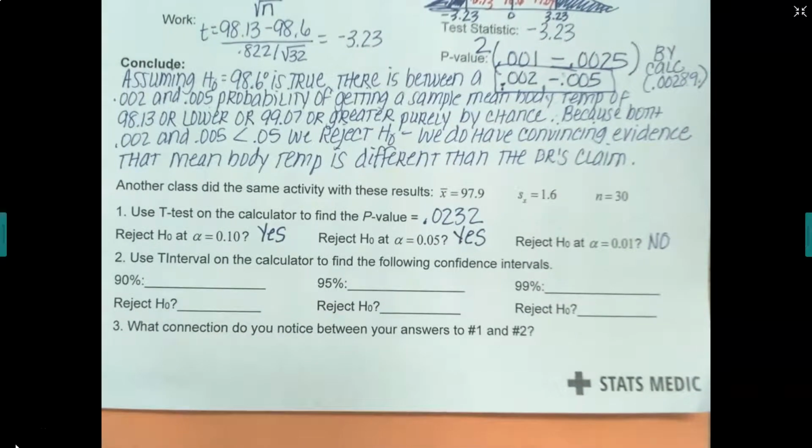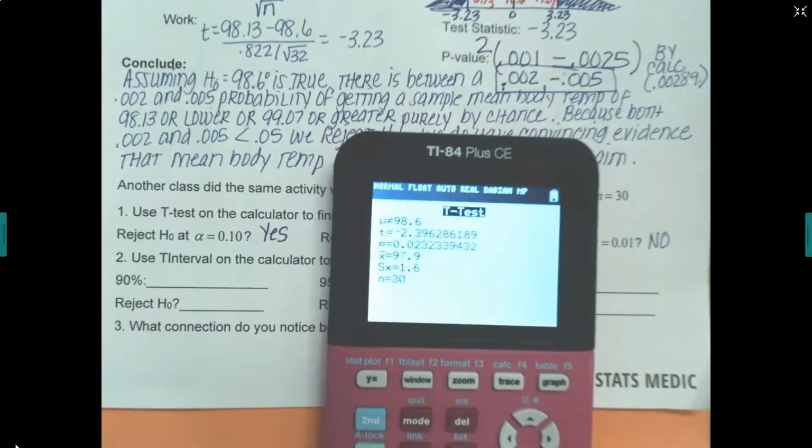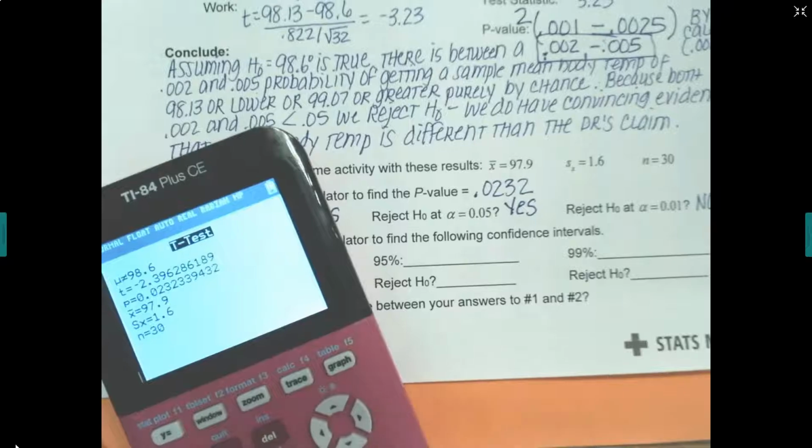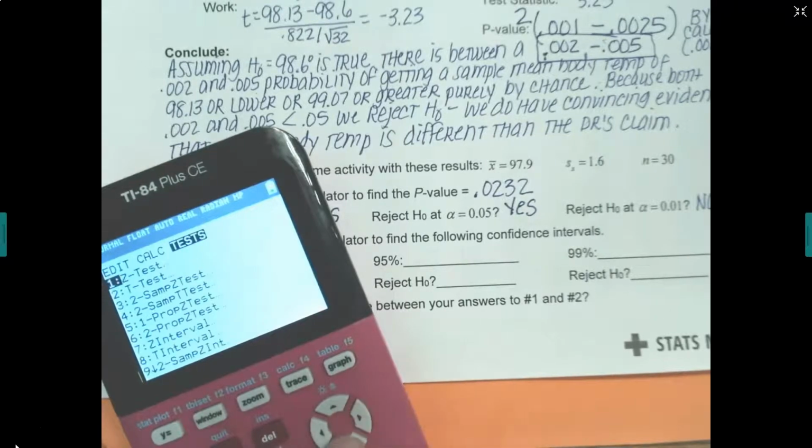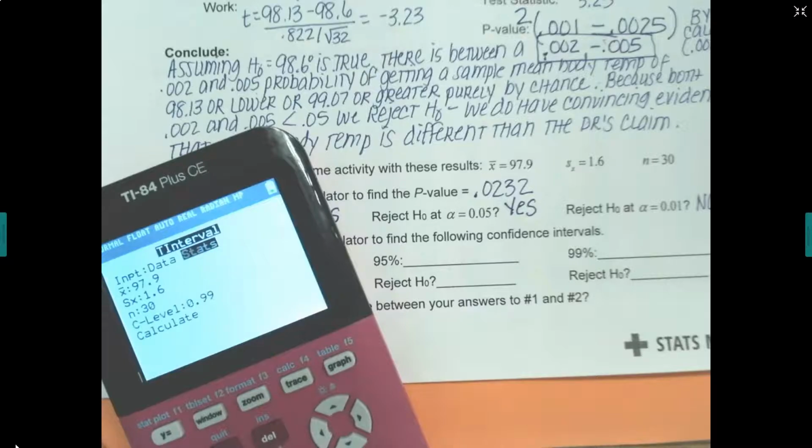Now I'm going to tie this to the intervals that we did in the last unit. I'm going to show you how to do an interval on the calculator too. It's pretty handy. So we're going to go back into stats, over to test, and we're going to do a t-interval right there. Number 8 in mine, it could be different in yours. Okay, we're going to put our statistics in.